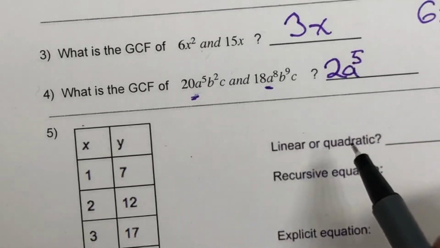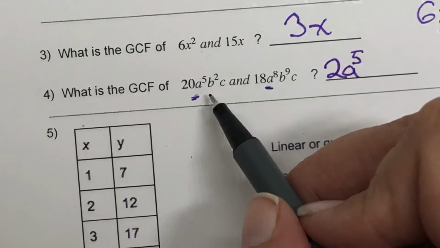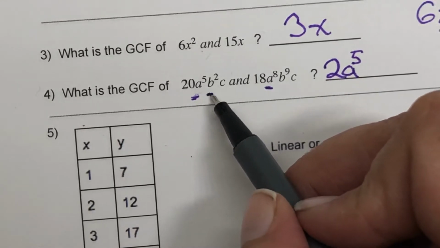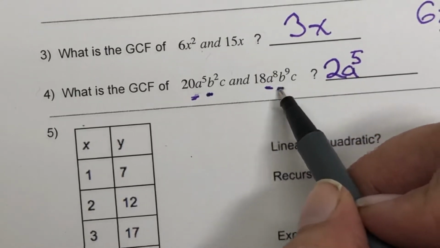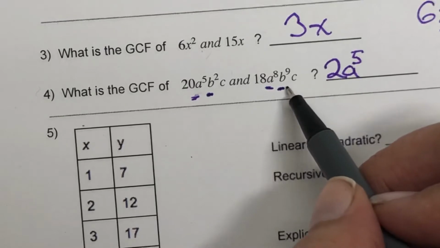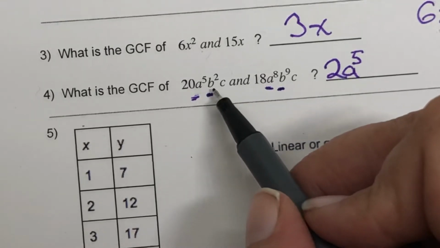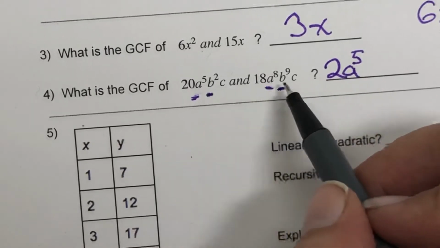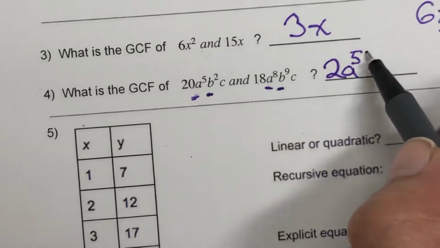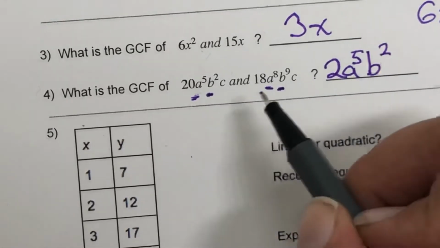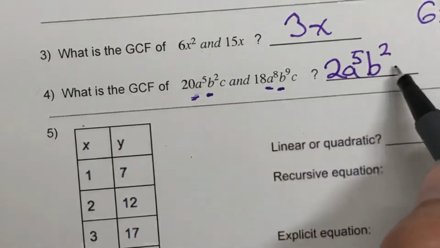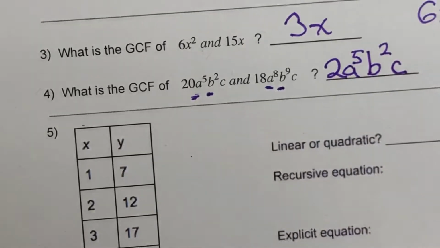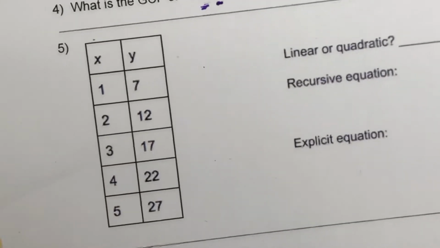That's in common. This one has b to the 2nd power. Does this one have b to the 2nd power? Yeah, in fact, it has b to the 9th power, but this one doesn't. So the most that they have that's the same is b to the power of 2. This one has a c and this one has a c. That means they have that in common. That's going to be a very important concept coming up.